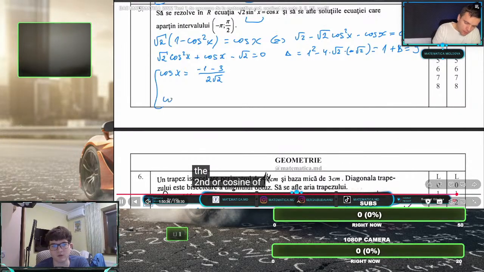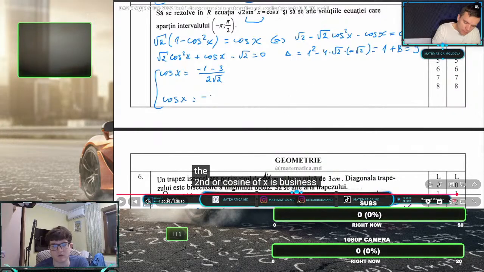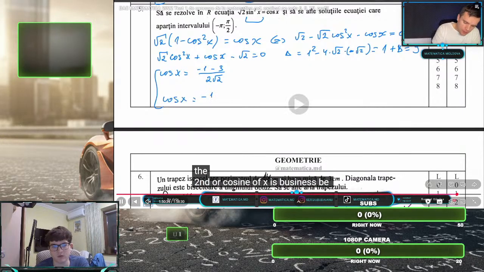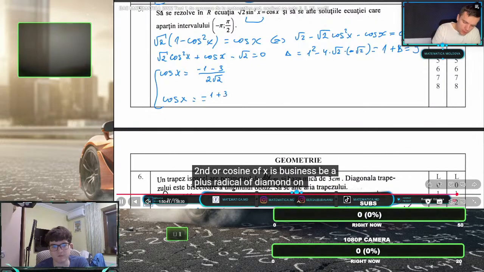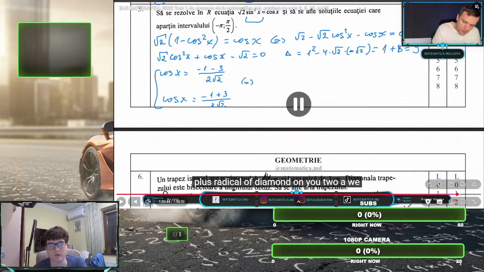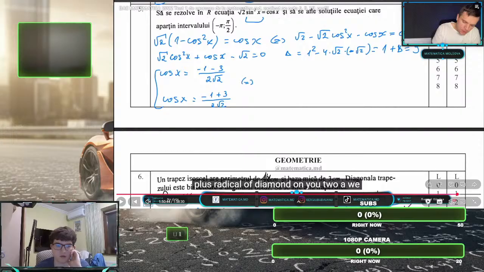So it's gonna be minus 2 divided by square root of 2. We're gonna do some system like this, you gotta understand how you write down a response.